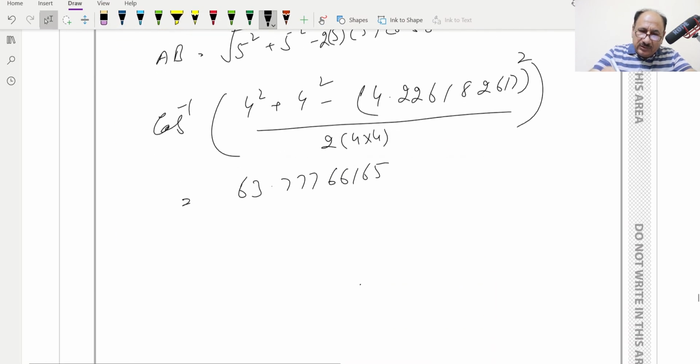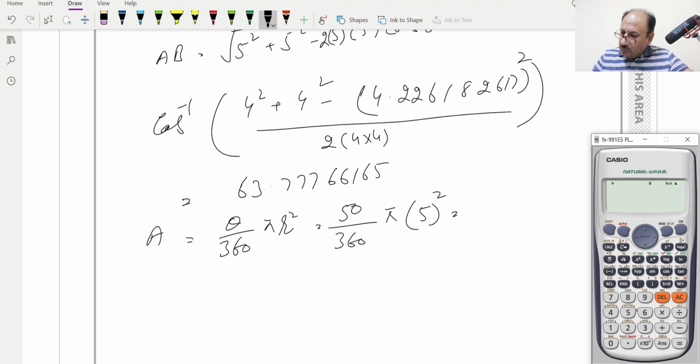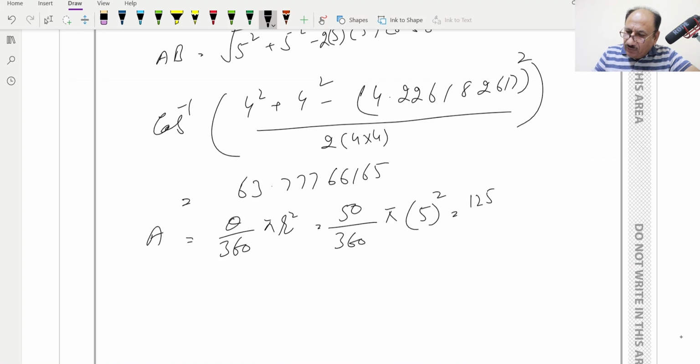So area of sector will be equal to theta over 360 into pi r squared, and theta is 50 degrees, so 50 over 360 into pi, and r is 5, so 5 squared, and this is equal to 125 over 36 pi, 125 over 36 pi, and we will subtract the area of the triangle from here.